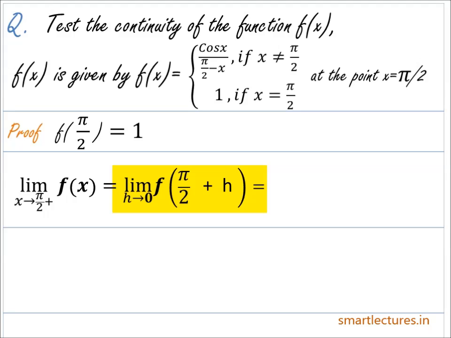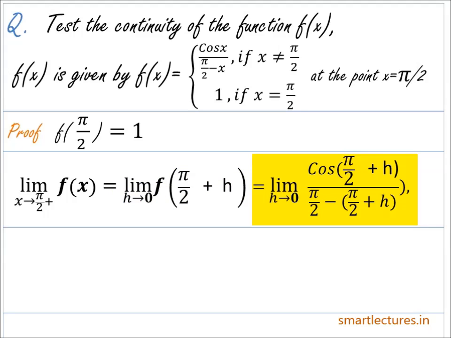So now the limit becomes the limit as h approaches 0 of f(π/2 + h), which is equal to the limit as h approaches 0 of cos(π/2 + h) divided by (π/2 − (π/2 + h)).